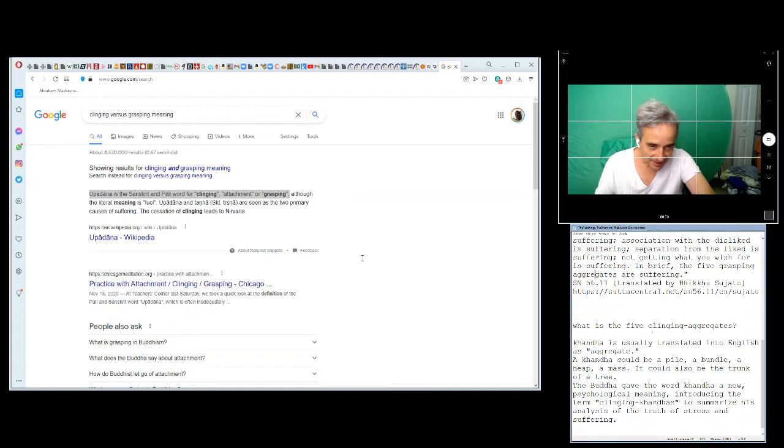The Buddha gave the word kanda a new psychological meaning. Also, maybe I should put originally for the listeners of the Buddha. A kanda could be a pile, and so on.